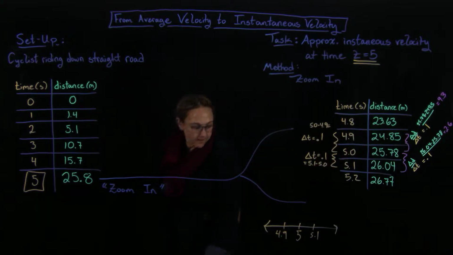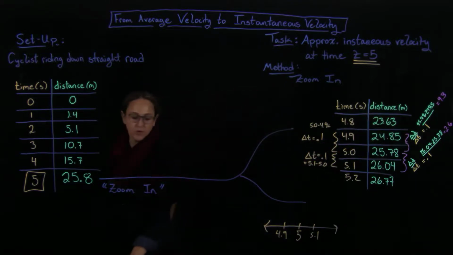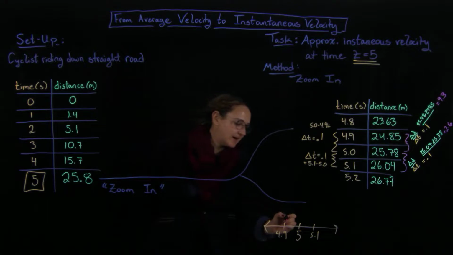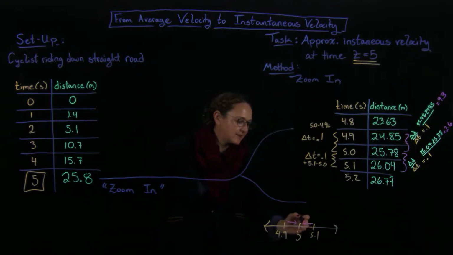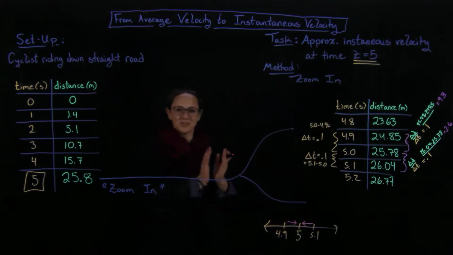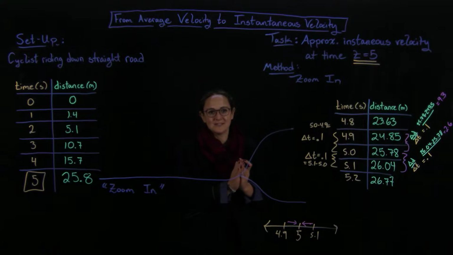The key point is that you could think of this as a left-hand limit versus a right-hand limit. As we approach 5 from each side, what does that change look like? We're trying to approach an instantaneous velocity.